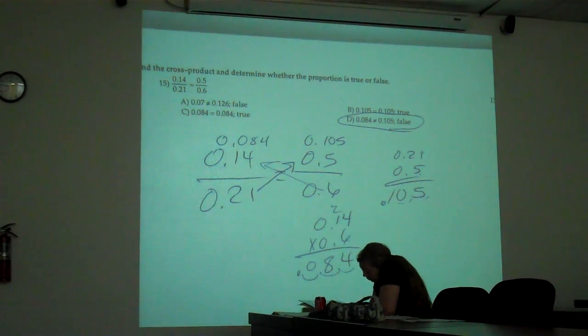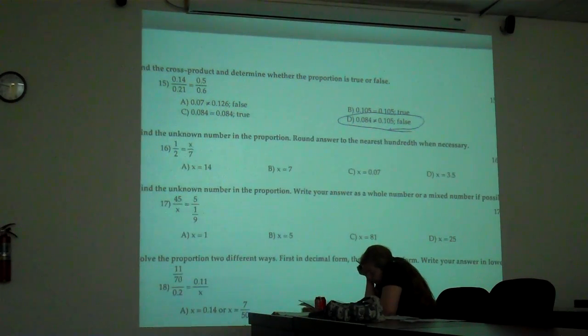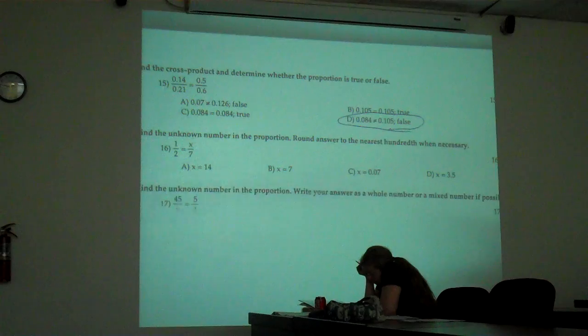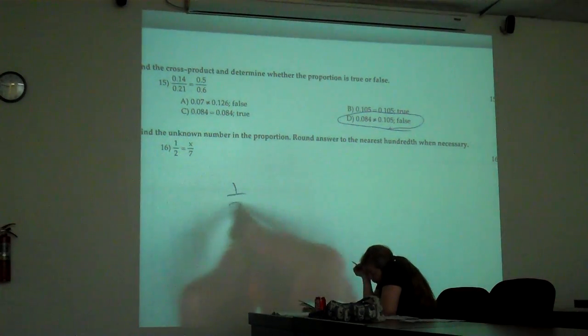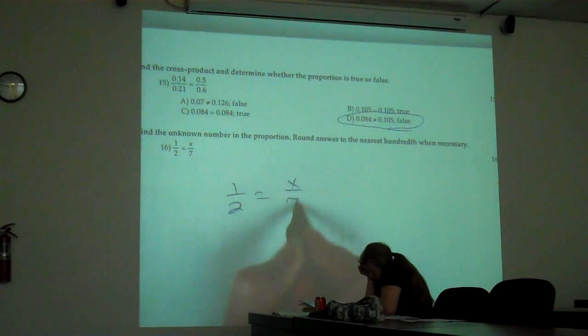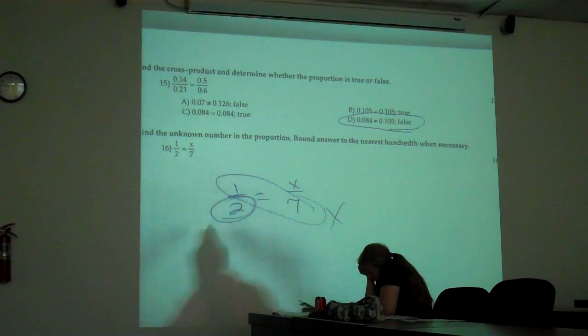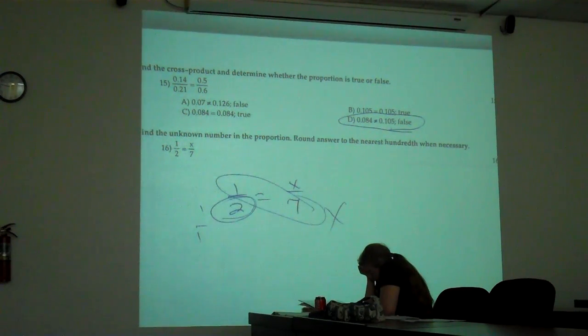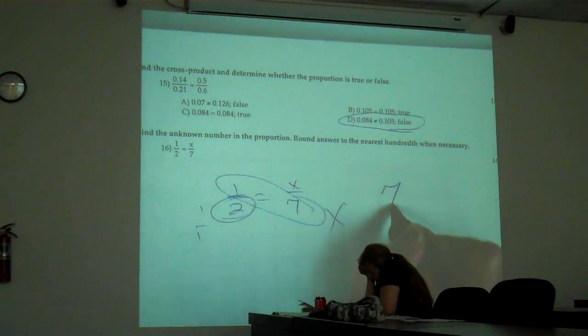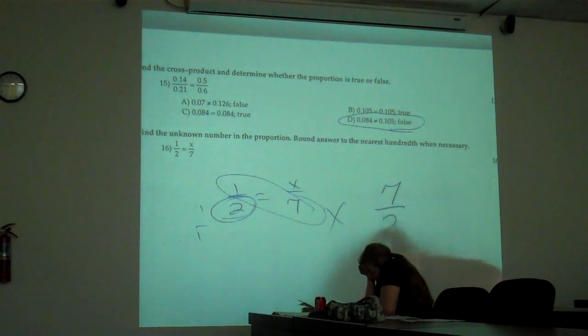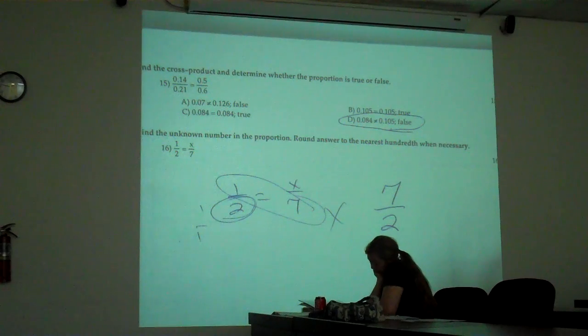Find the unknown. 1 over 2 equals x over 7. Multiply, divide. So 1 times 7 is 7, divided by 2 is 7 over 2.